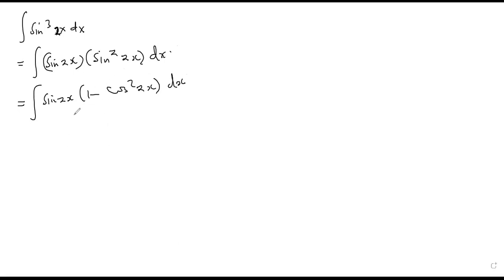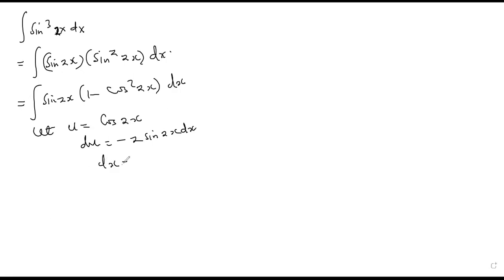Now for this case, you realize that if we let maybe our u be cos 2x, it means that our du will be, when we differentiate cos 2x, negative 2 sine 2x dx.